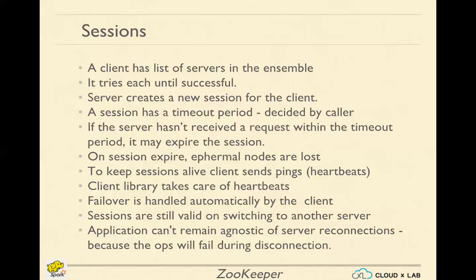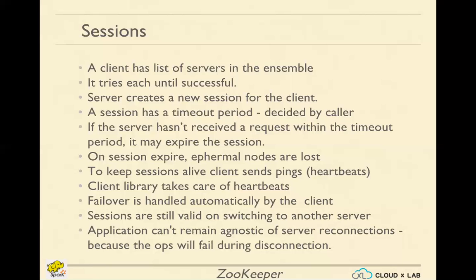A client has a list of servers in the ensemble. It keeps trying each until successful. The server creates a new session for the client. And the timeout is provided by the client.